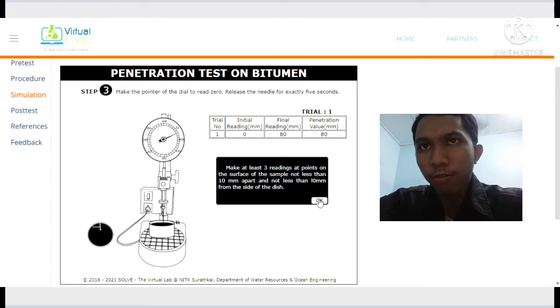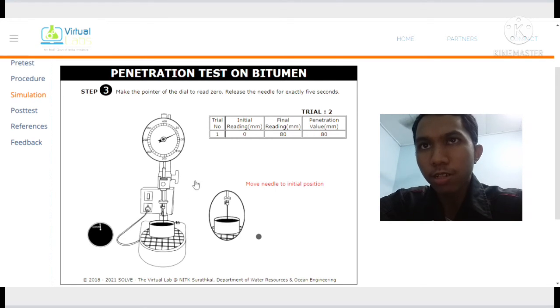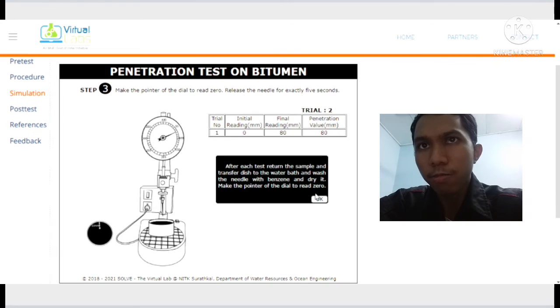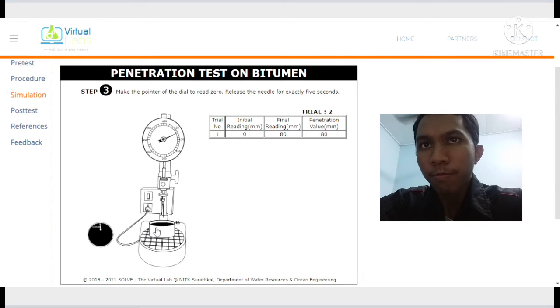Next, move to the initial position. After the test, return the sample and transfer it to the water bath and wash the needle with benzene and dry it. Make the pointer of the dial to 80. Next, turn on again.